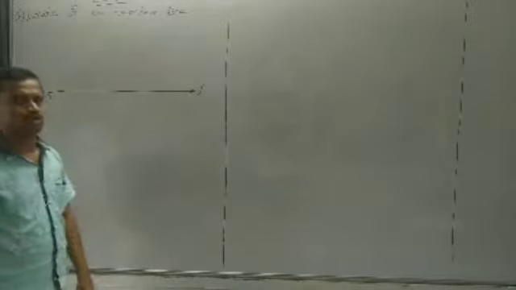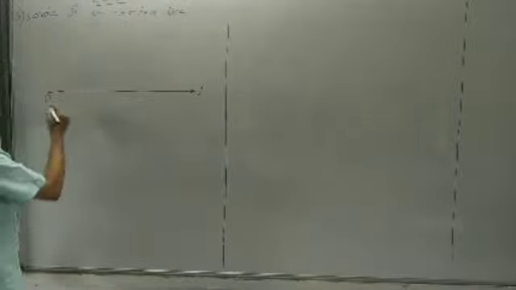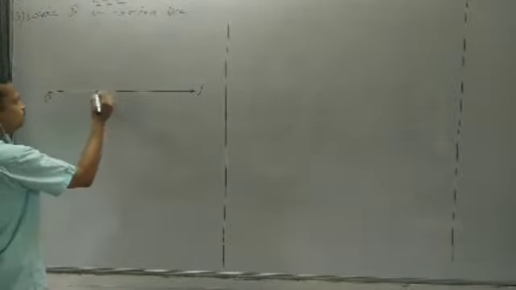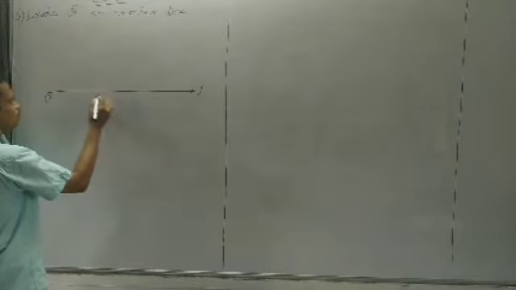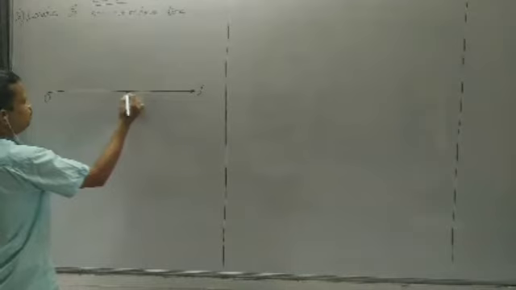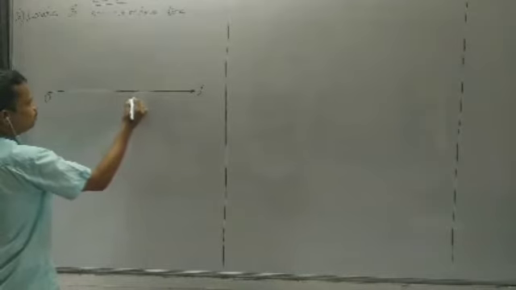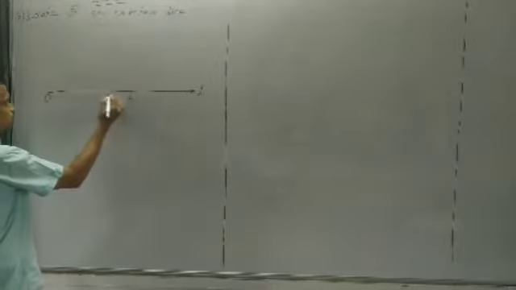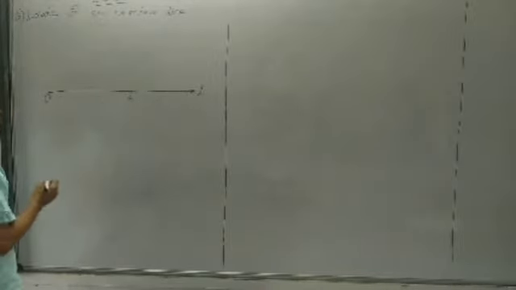Now, coming to root 5, take this number line and take this as 1 point, and this as another point. This is A. This is 1 unit, this is 1 unit, totally 2 units.